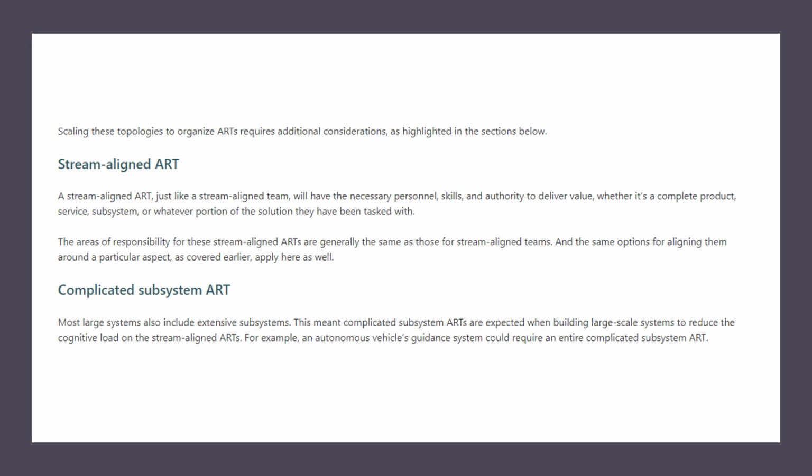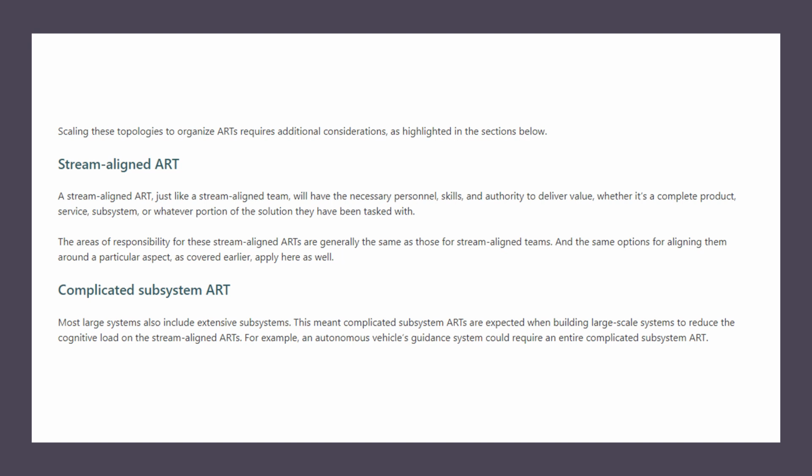Scaling these topologies to organize ARTs requires additional considerations. Let us discuss those considerations. Stream-aligned ART. A stream-aligned ART, just like a stream-aligned team, will have the necessary personnel, skills, and authority to deliver value, whether it's a complete product, service, a subsystem, or whatever portion of the solution they have been tasked with.